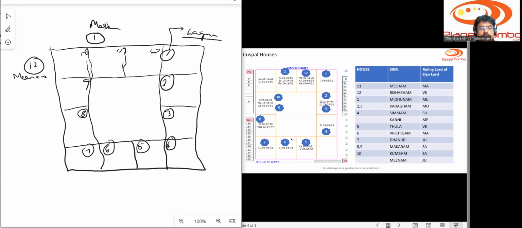That is Ketu. In 6 there is nothing, 7 there is nothing, 8 there is nothing. In 9 and 10 there are Mars and Sun, which will be in 9 here. 10 will be Venus, Jupiter. Sun and Rahu are in this sign. Moon and Mercury are in this sign.